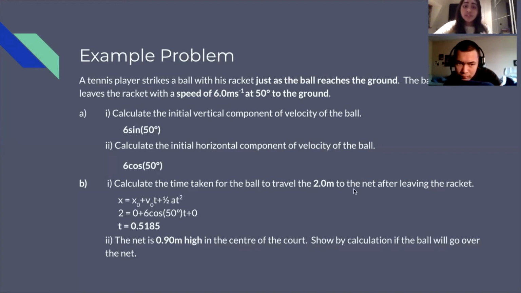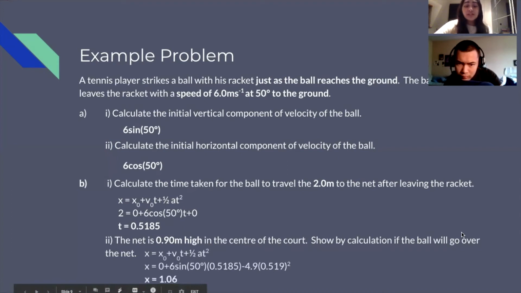So therefore, we have to specifically use the horizontal component of velocity. And we also know that in the horizontal component alone, there is no acceleration. So that part is just 0. So we know that 2 must equal 6 times cosine of 50 degrees times t. And we saw that you get time is around 0.5 seconds.